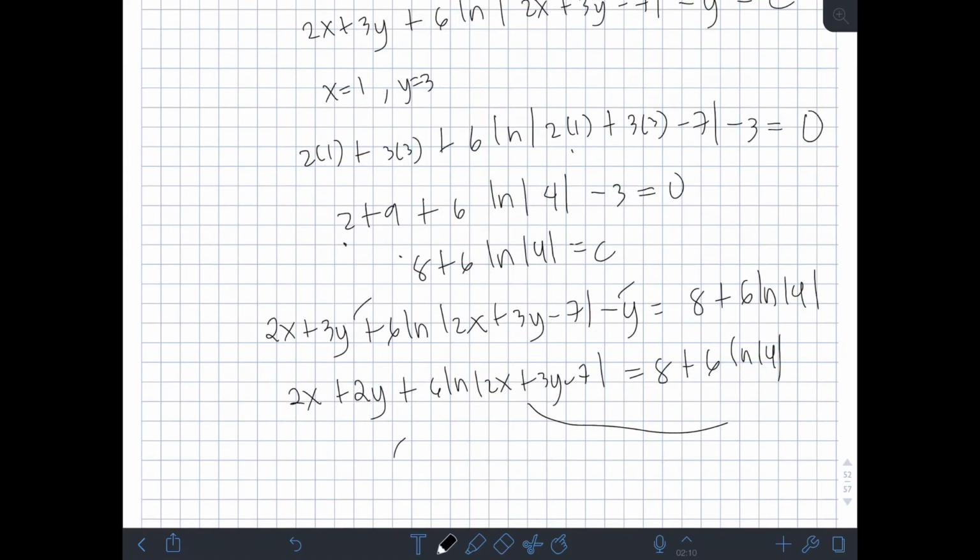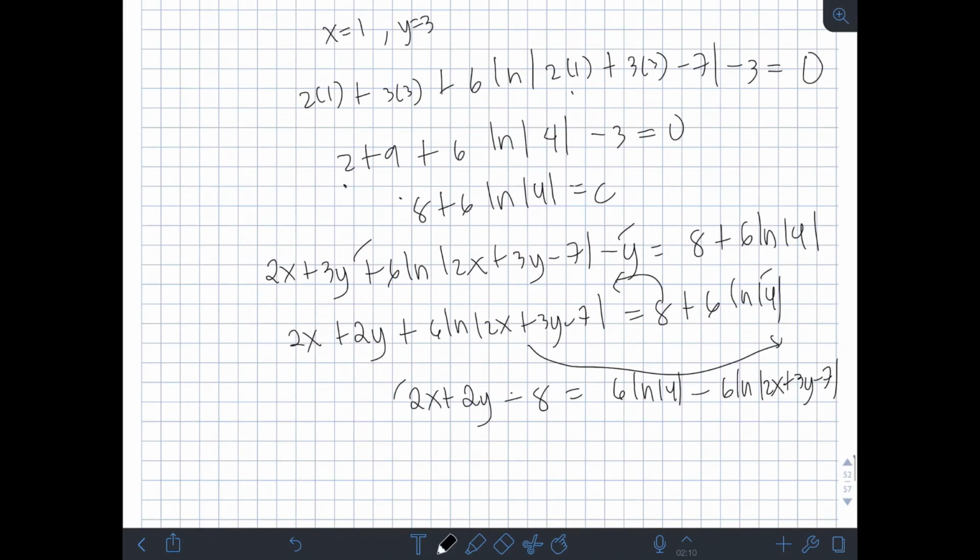So, transpose ko na lang dito si 6 ln|2x + 3y - 7| kasama nitong 6 ln 4. Tapos si 8 transpose ko sa kabila. So, magiging 2x + 2y - 8 is equal to 6 ln 4 - 6 ln|2x + 3y - 7|.